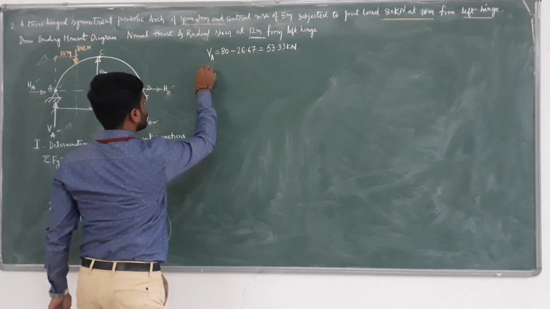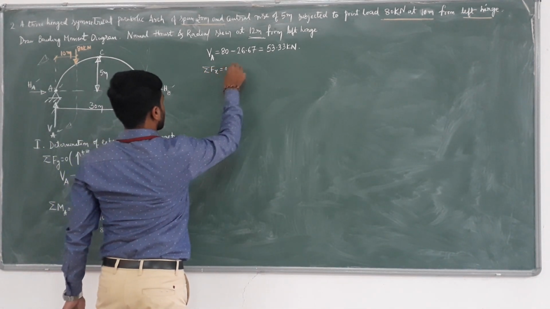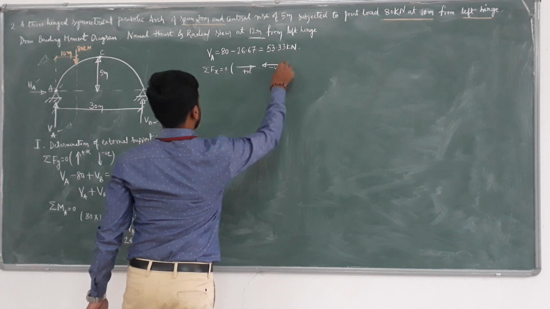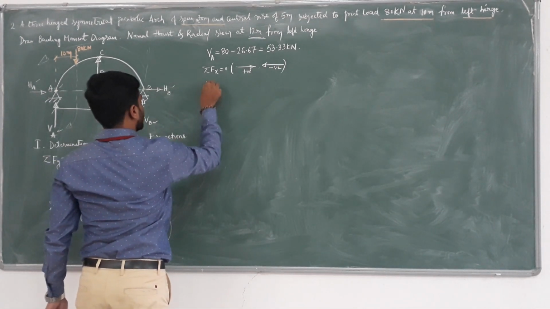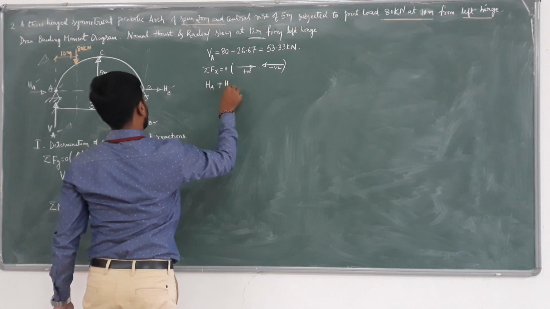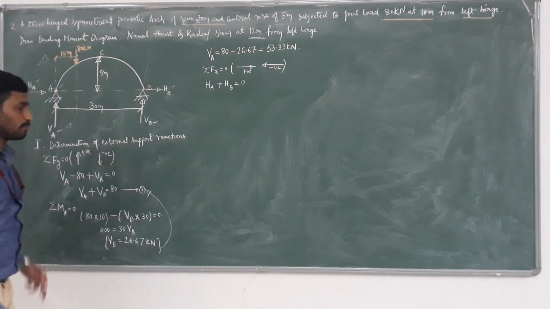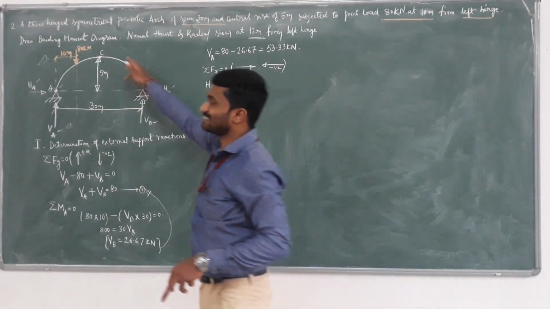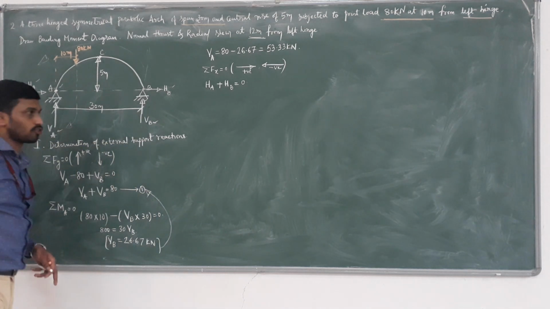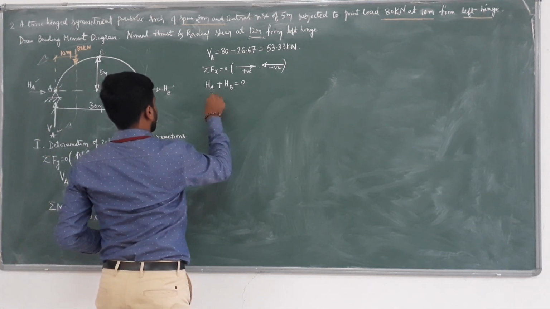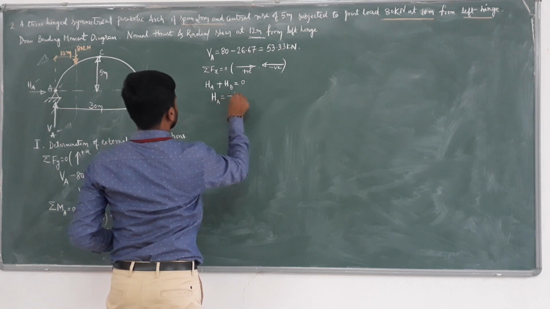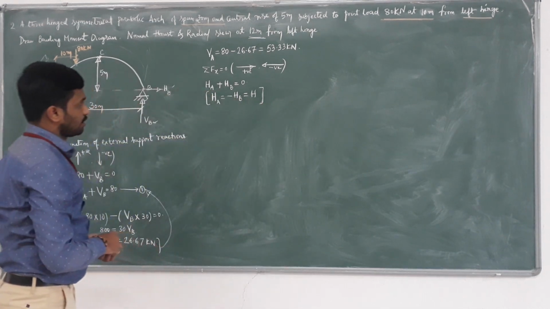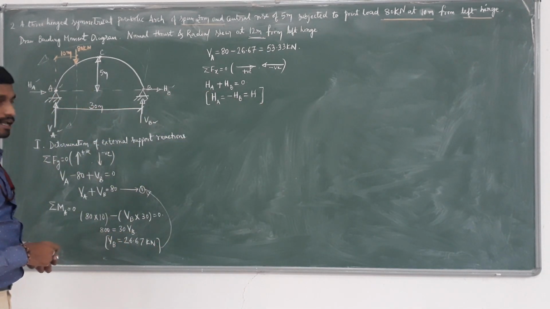If you take sigma Fx equals 0, right side forces are positive, left side forces are negative, then we get HA plus HB equals 0. There are no inclined forces on the arch. Therefore, HA equals minus HB, the value equal to H.